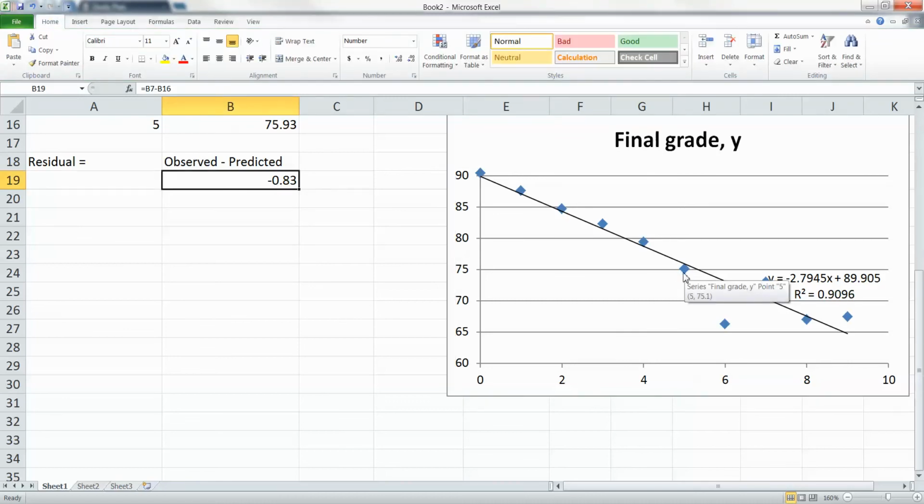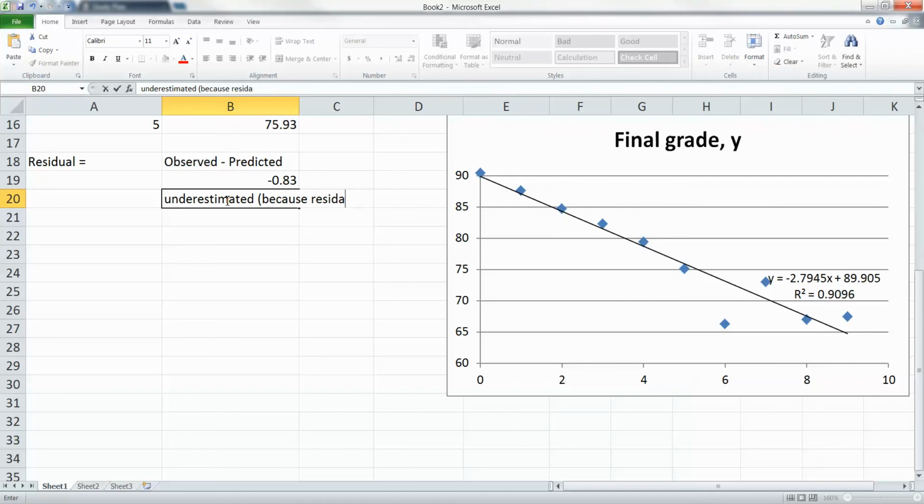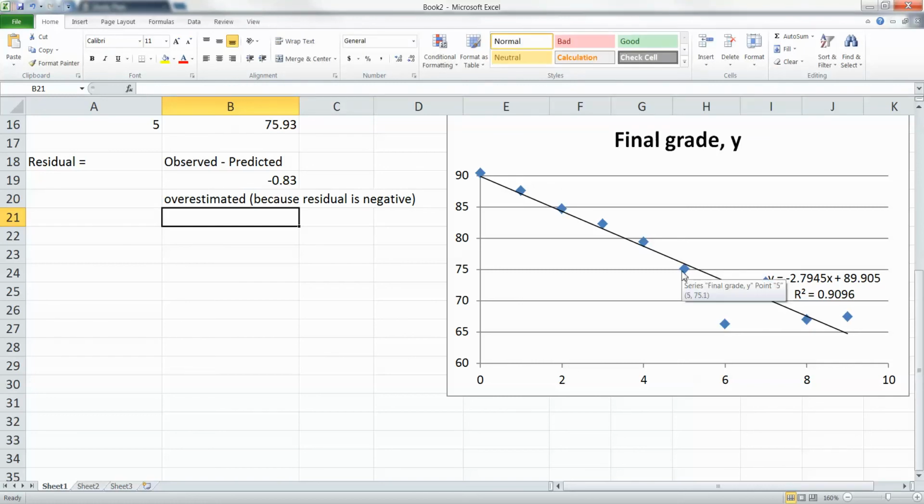It's negative because the real life dot is below what the line predicted, which means we overestimated, because the residual is negative.